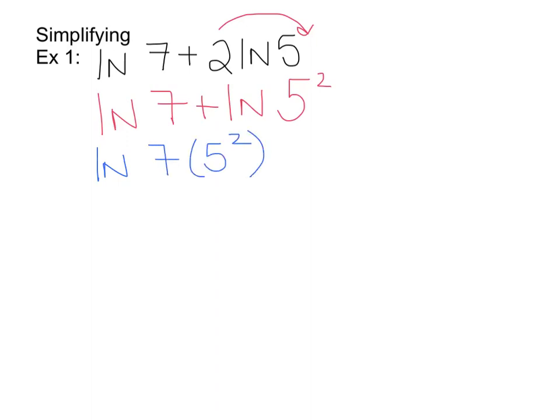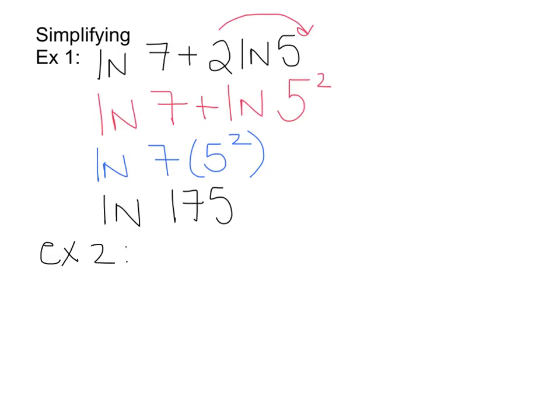And then 7 times 5 to the second power gives me the natural logarithm of 175. That's all we can do since there's no equal sign or an x. That's our final answer.